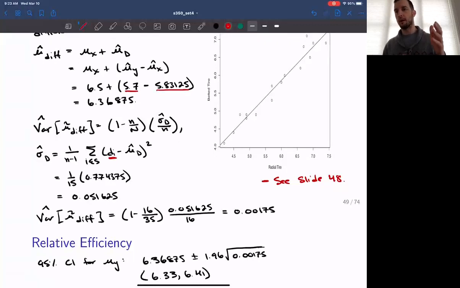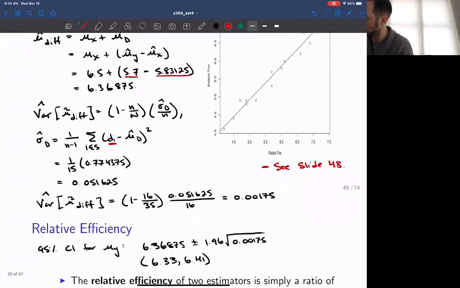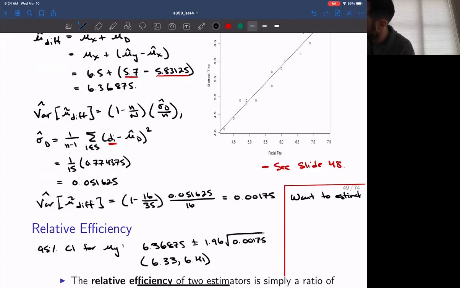So another way to think about it is, we want to estimate mu y.